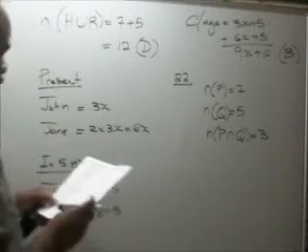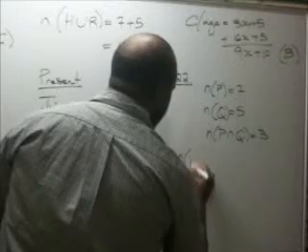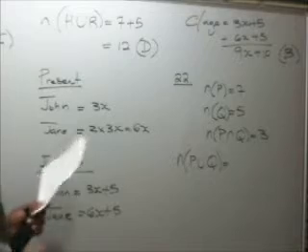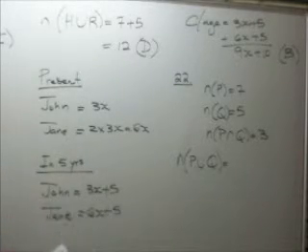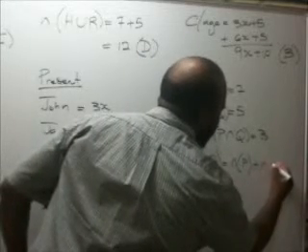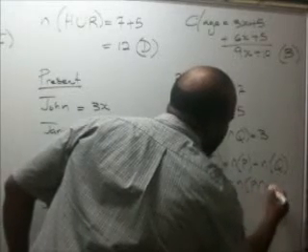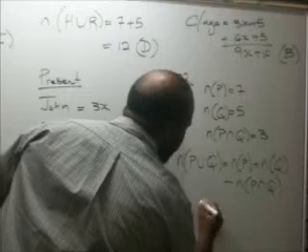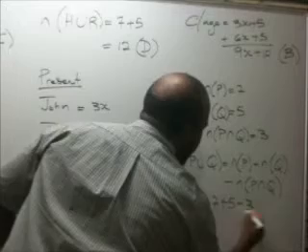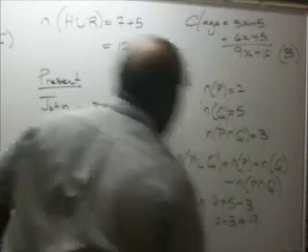And we are asked, what is the number of elements in P union Q. Alright. The number of elements in P union Q is going to be what? The number of elements in P plus the number of elements in Q minus the number of elements in P intersect Q. Ladies and gentlemen, this is going to be equal to what? 7 plus 5 minus 3, which is equal to 12 minus 3, which is equal to 9.